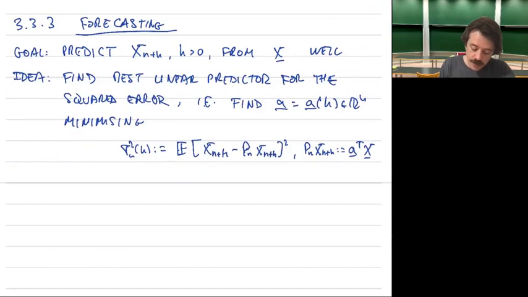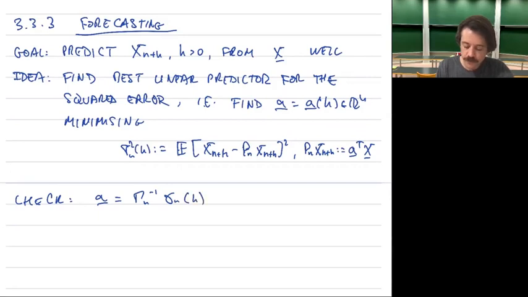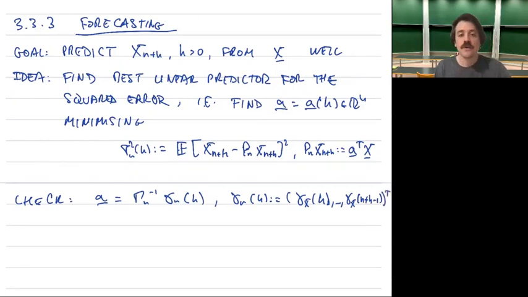Okay. So just check by differentiating the following. Check that the solution to this is given by A equal to capital Sigma, the covariance matrix that we had earlier in the likelihood, inverse, times some vector, where this vector is defined as the vector of autocovariances from lag h to lag n+h-1.